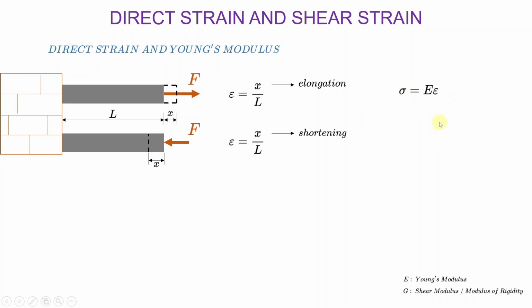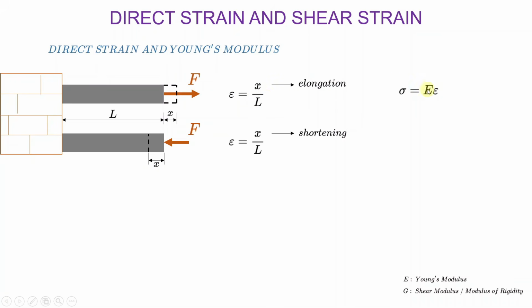And from this, we can derive another equation that is very important. You will remember that stress here is equal to force divided by cross-section area, okay? And you will remember also that strain is equal to X divided by L, okay?